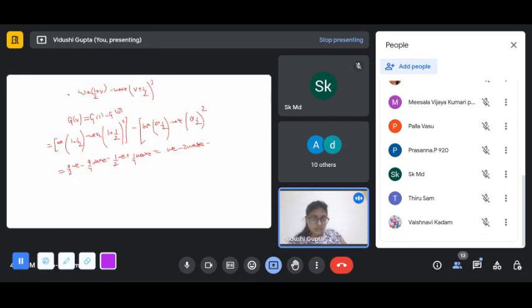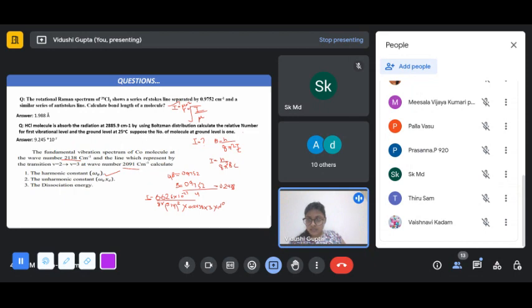So it will be 2138. So this is the first equation.